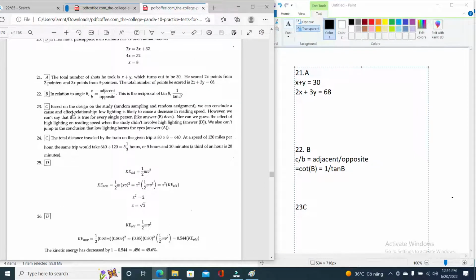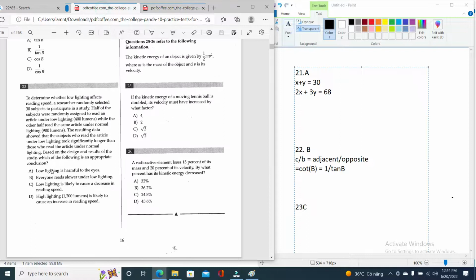And it's indeed C, because A and B are not relevant, whereas for D we have no experiment to support that. Meanwhile, in C there's an actual result that implies answer C: low lighting is likely to cause a decrease in reading speed.